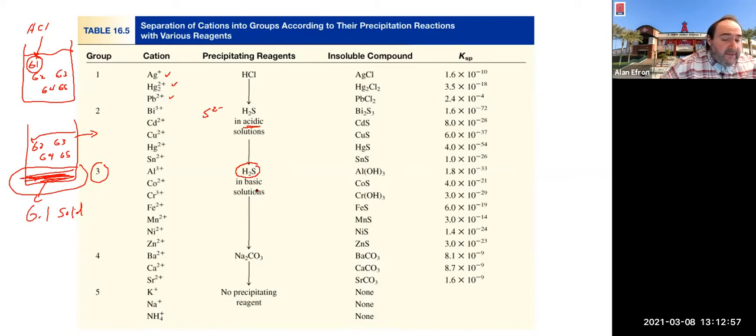The only difference is this is done in basic solutions. So as we were talking about through the calculations, it's that control of pH which is going to allow us, with ions that have similar solubility properties, to separate out those guys from each other.